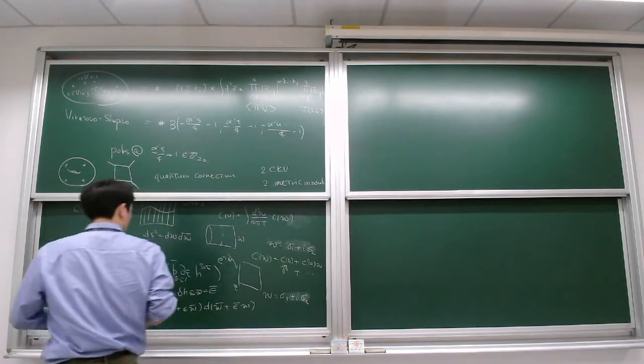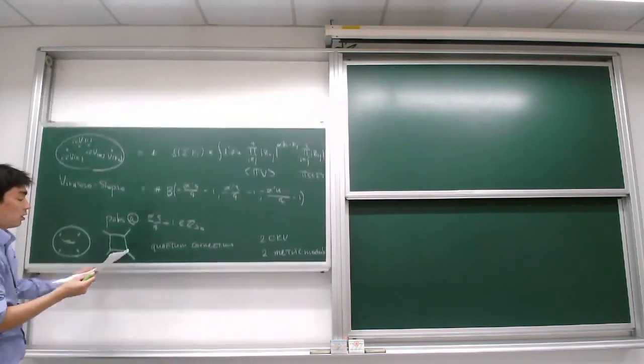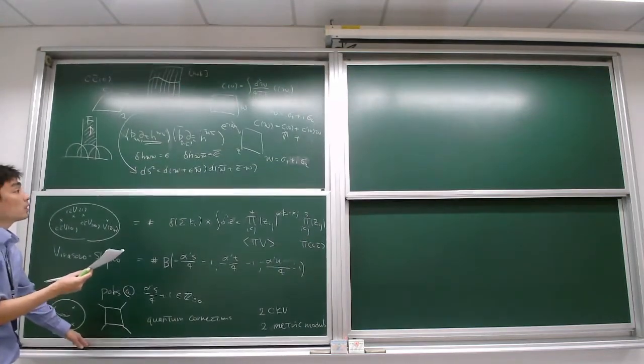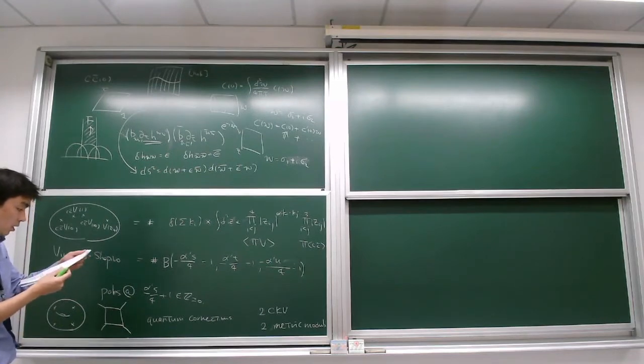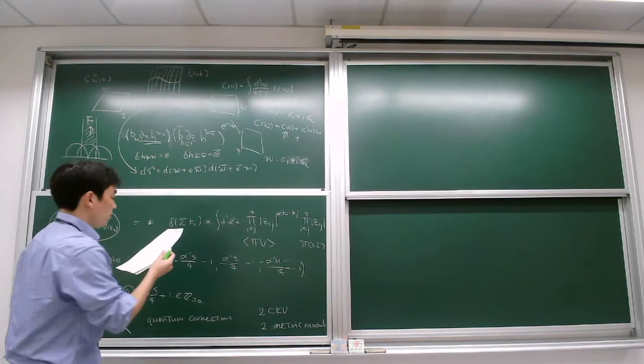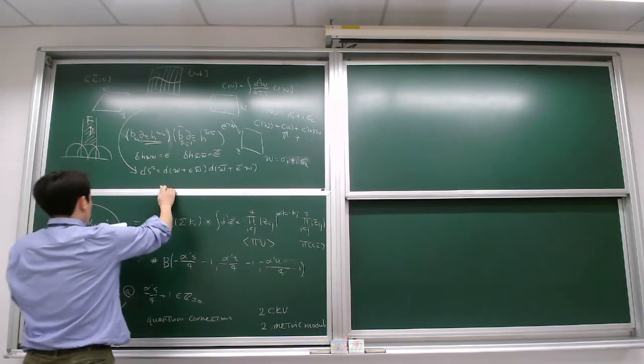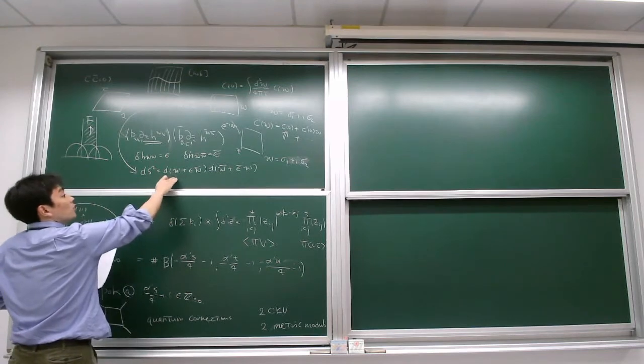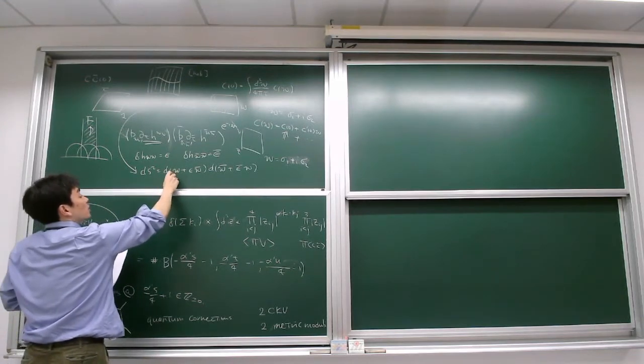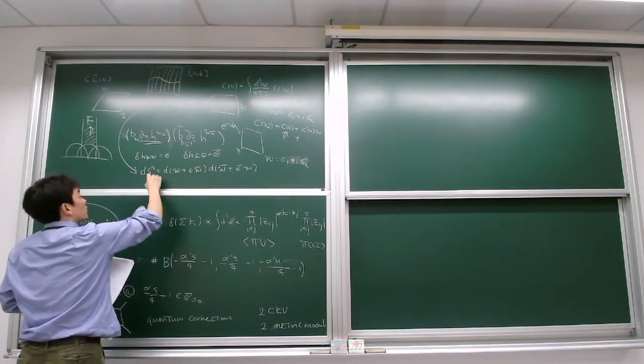Okay, so then let's look at the period. The new coordinate looks as follows. The new isothermal coordinate, W tilde.